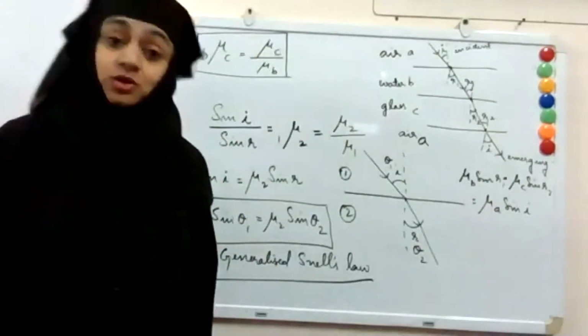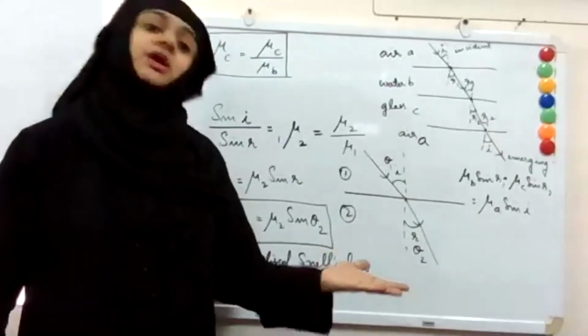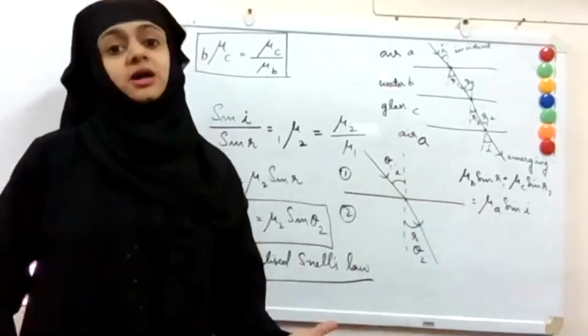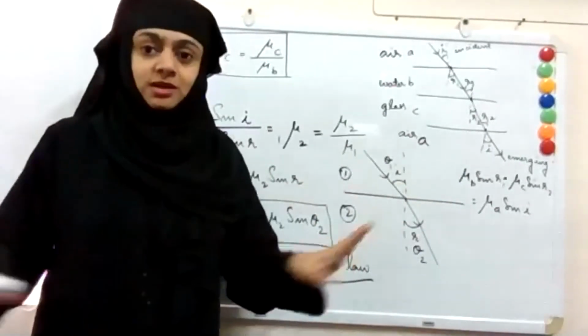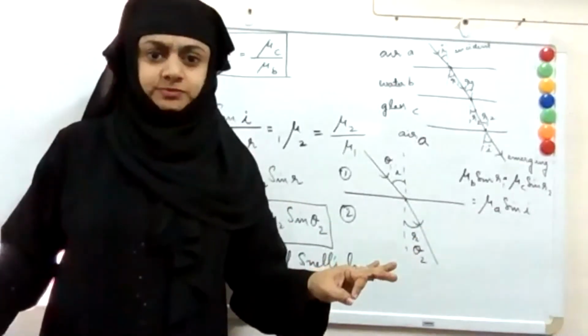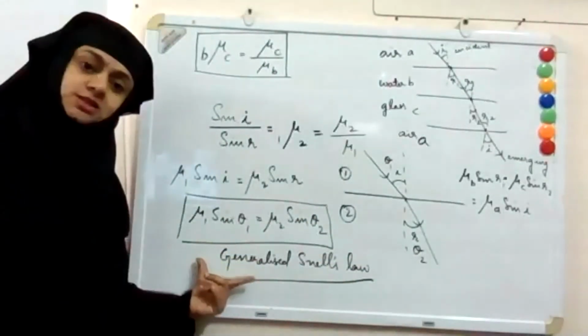That's all. So it doesn't matter where light is coming from or going to, but the refractive index of that medium times the sine of the angle in that medium is a constant. Is that clear to you? Is this a simple way to learn Snell's law?